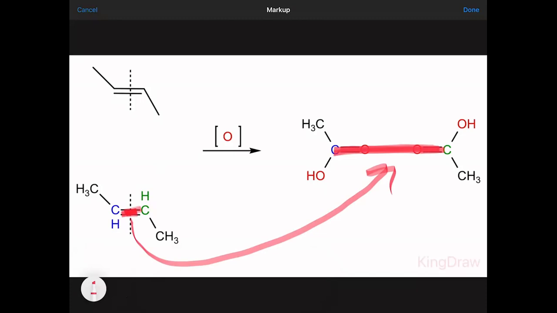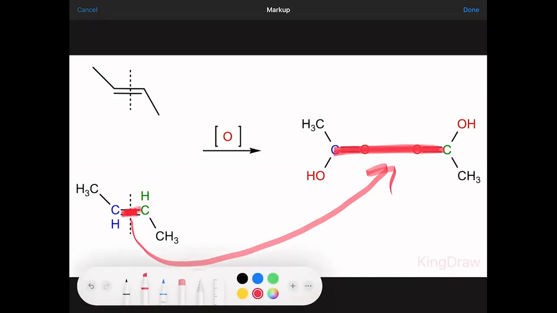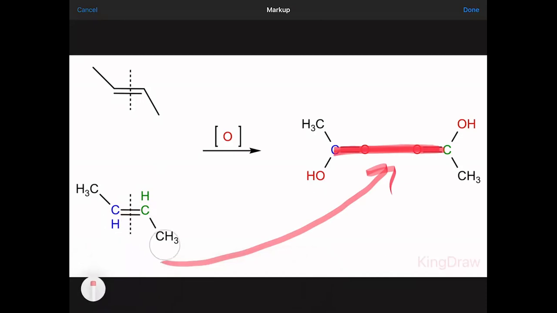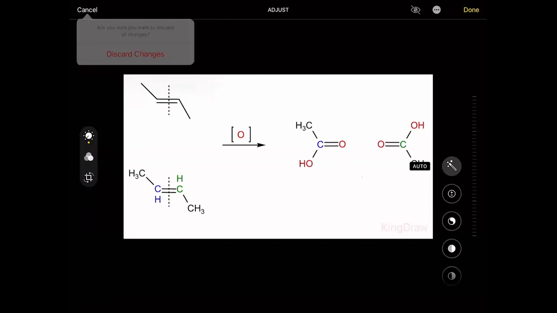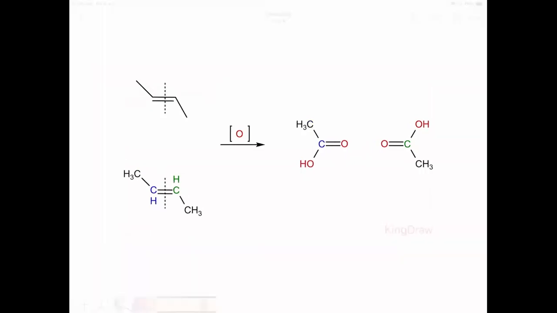So I pulled them apart and I replaced the H's with OH's, and I replaced the double bond C with the double bond O. So that's basically all we're doing. We're stretching the molecule apart. We're replacing the double bond C with the double bond O, and then we're replacing hydrogens with OHs.